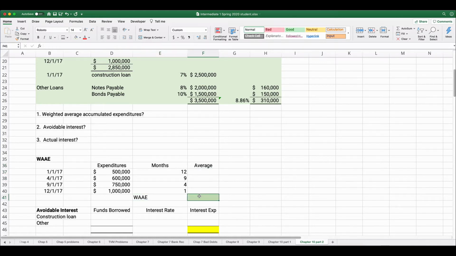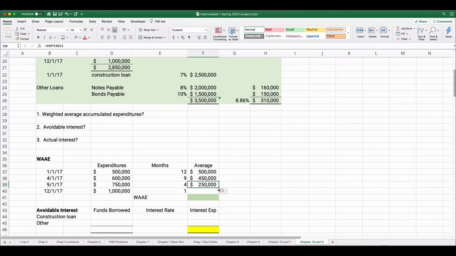This is going to be the weighted average accumulated expenditures. We'll take the 500,000 times 12 divided by 12, so it's going to be 500,000. We're going to take the 600,000 times 9 twelfths, 450,000. The 750,000 times 4 twelfths. I've built the formula based on 12.